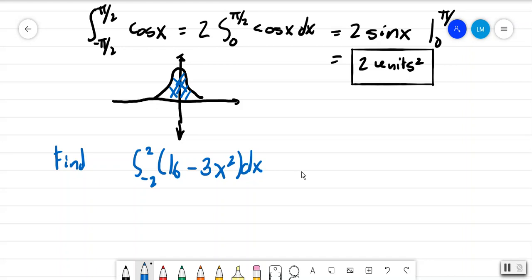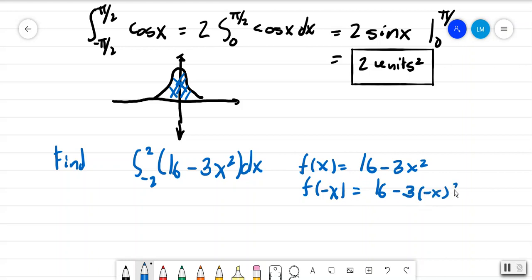If f of x equals 16 minus 3x squared, and I do f of negative x, even though we substitute a negative, we still get the same thing. So this function is even.